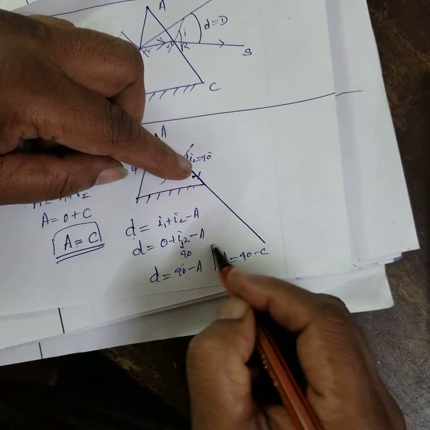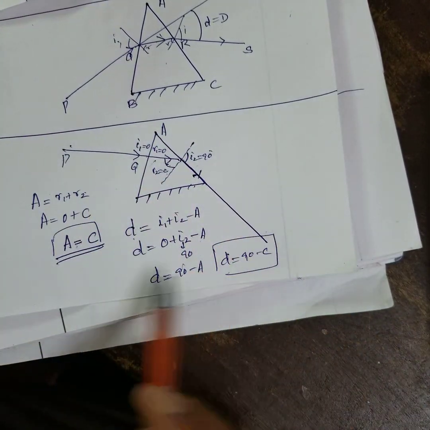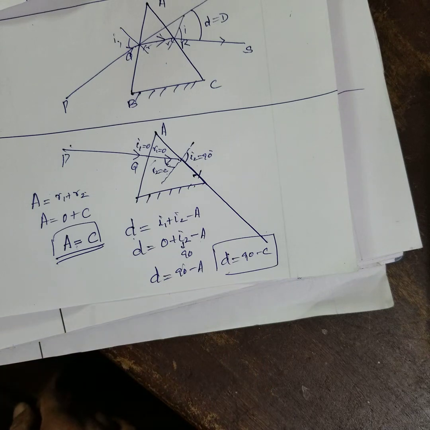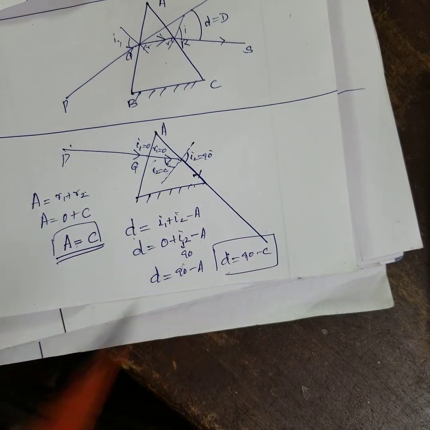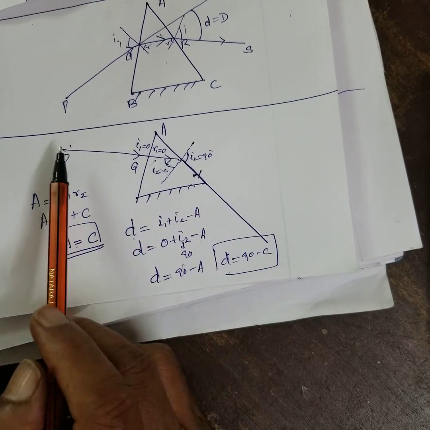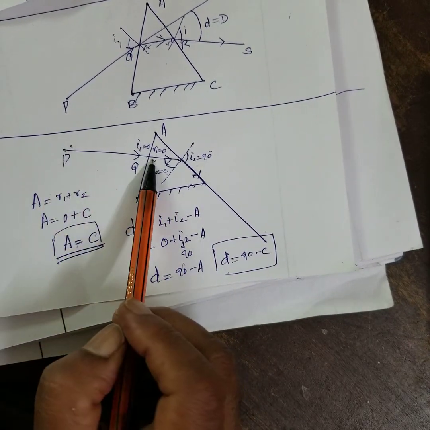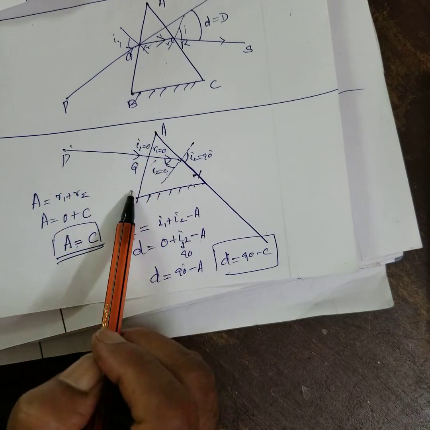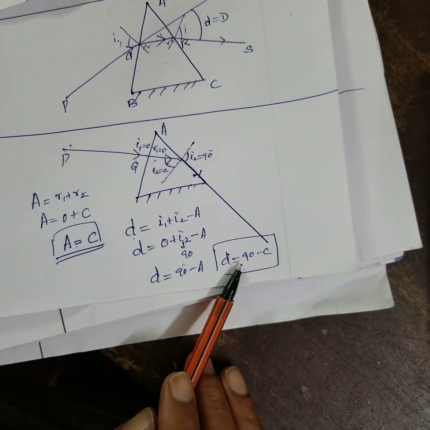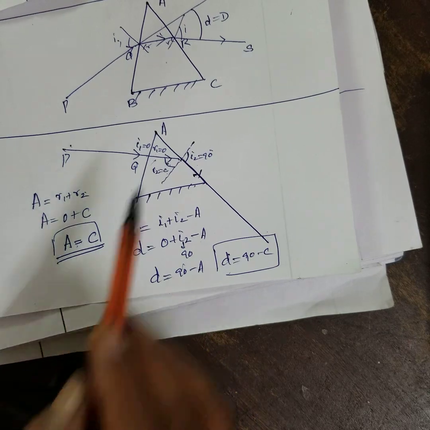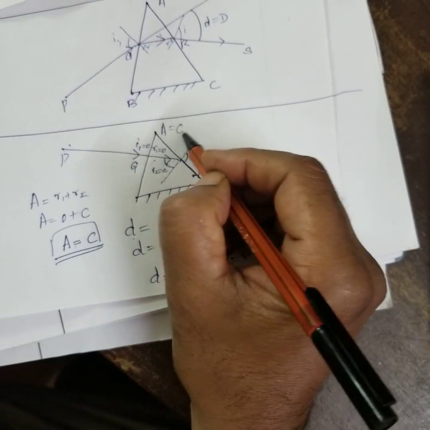See, these are the things they'll ask for NEET. If you have understood this theory, you will get all that. For NEET, see, the normal ray grazes at the other surface. Then the angle of the prism is the critical angle.